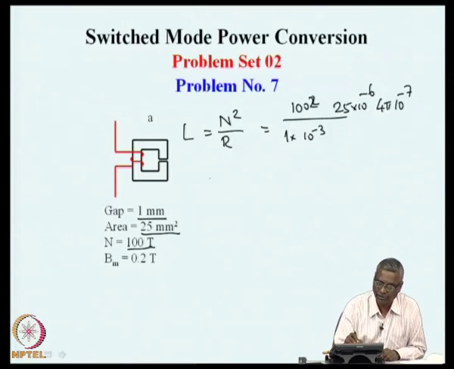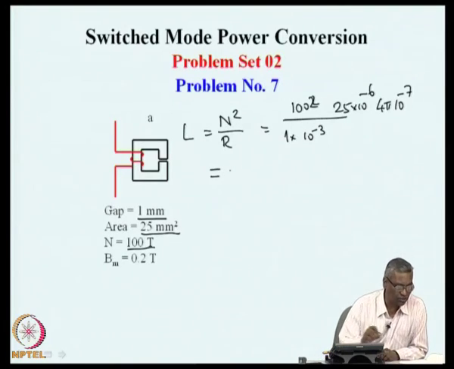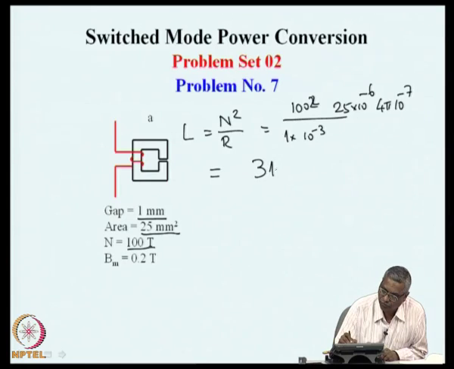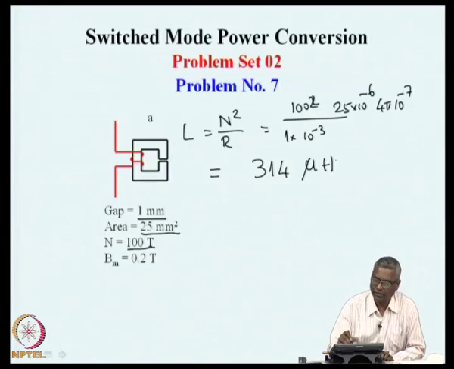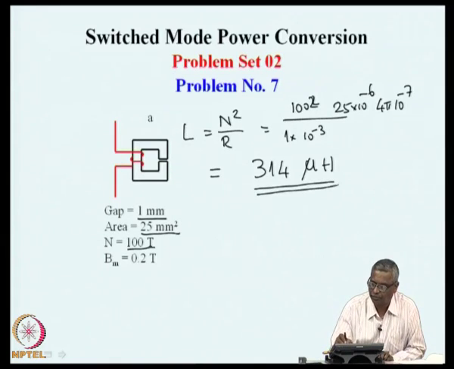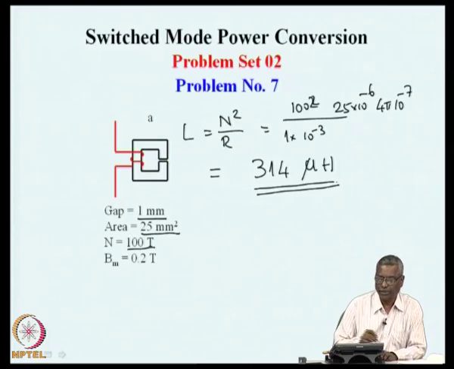So, if we evaluate this quantity, this turns out to be 314 microhenry.